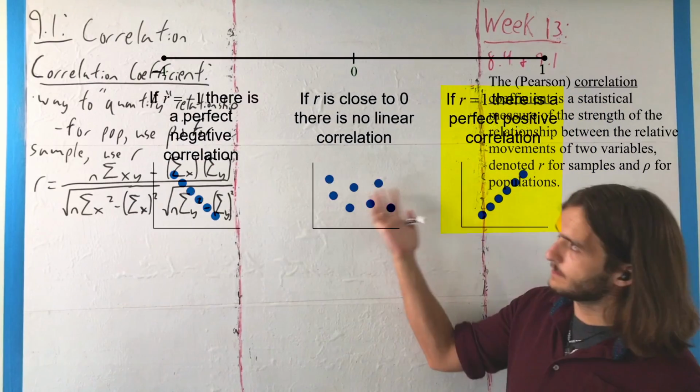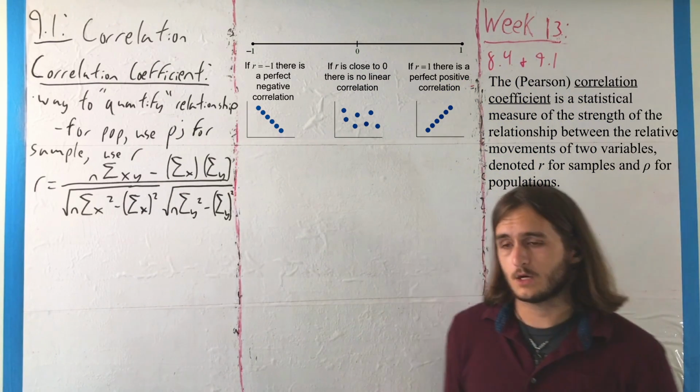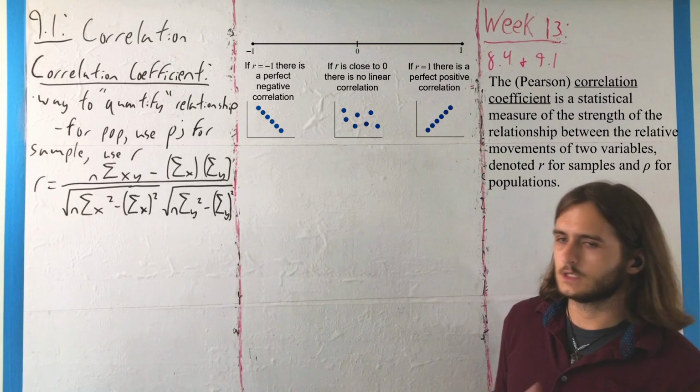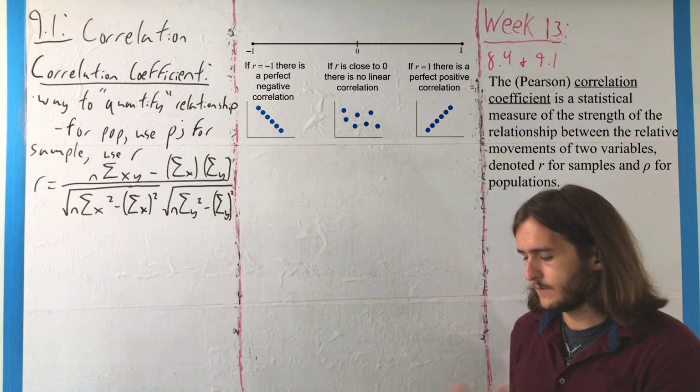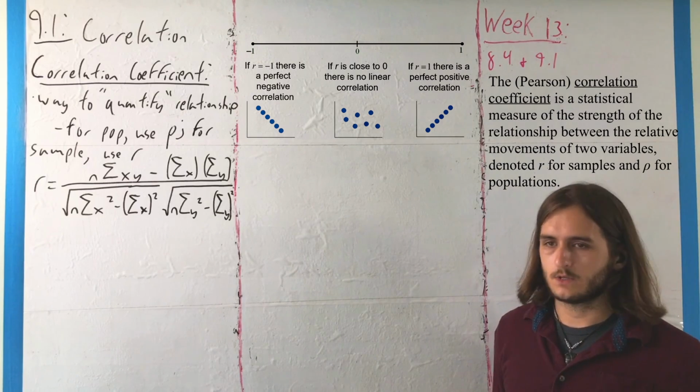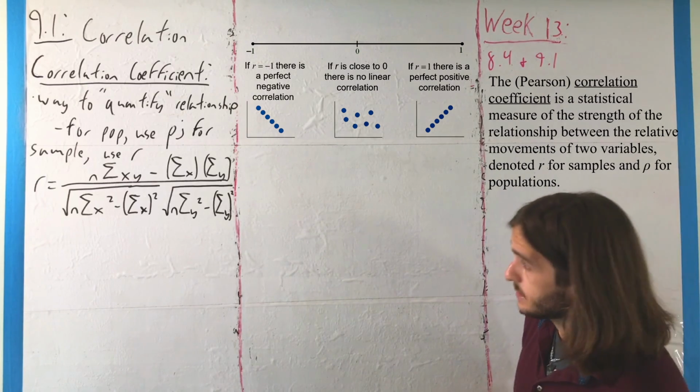Now, I will say, thinking about this sort of representation here, the values -1, 0, and 1, they're not impossible, but for the most part, you can consider them as being essentially theoretical.